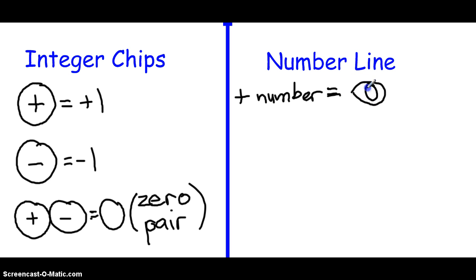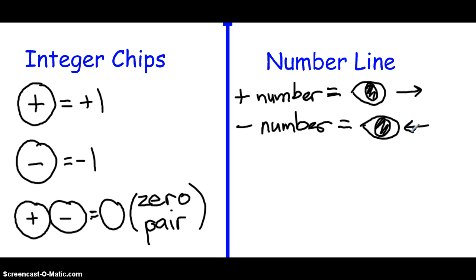We're going to look to the right, because that's the positive direction on a number line. Now if it's a negative number, on the number line you're going to look left. So you always look in the direction of the sign of the number.